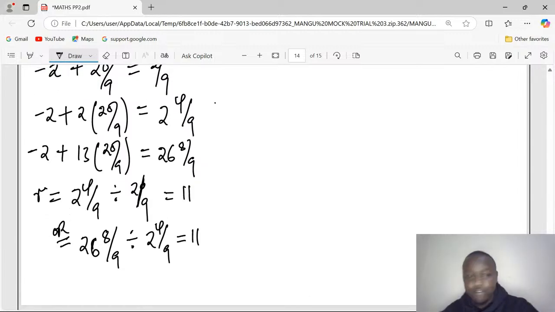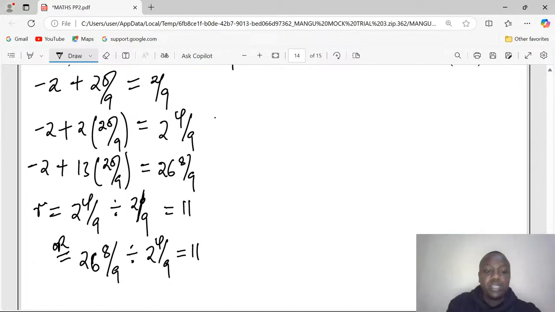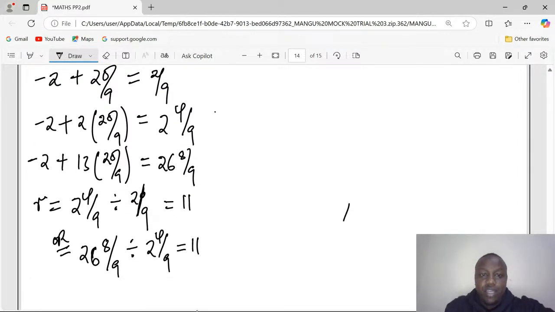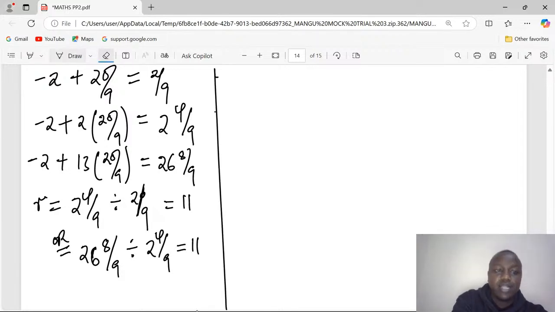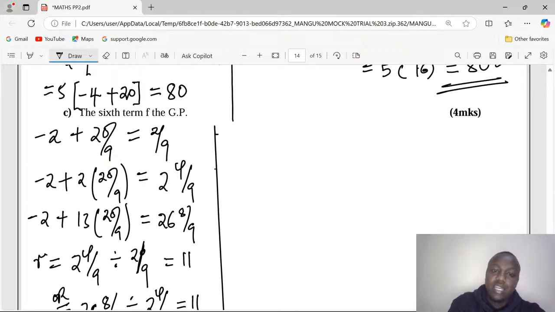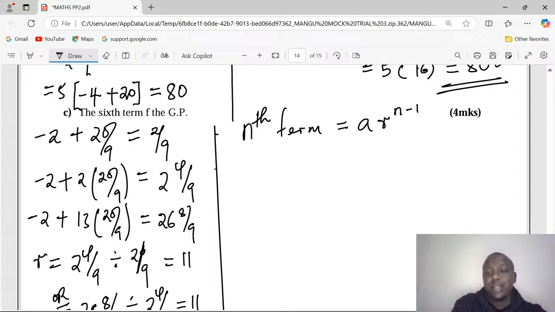So R for the particular GP is 11. If R is known, then the nth term can be determined. We know that generally for a given GP, the nth term is given by A R to the n minus 1.